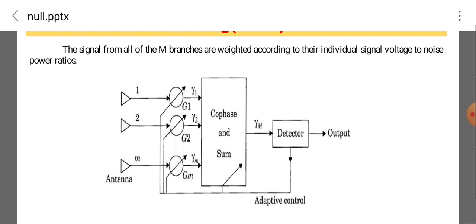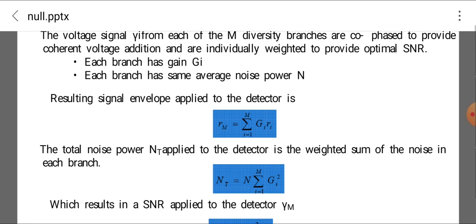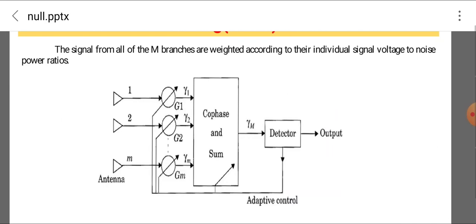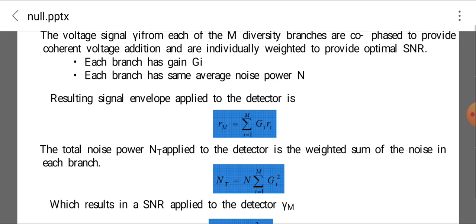So the total output at the detector is the sum of products between the signal level and their respective gain. The resulting signal envelope at the detector is denoted as Rm, which is given by the expression sum of Gi into Ri.